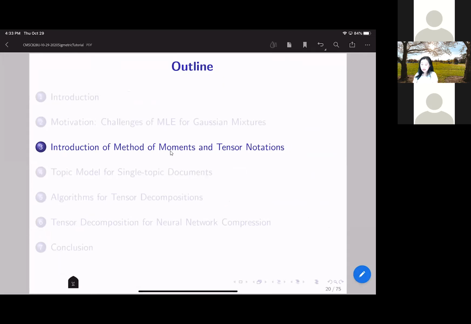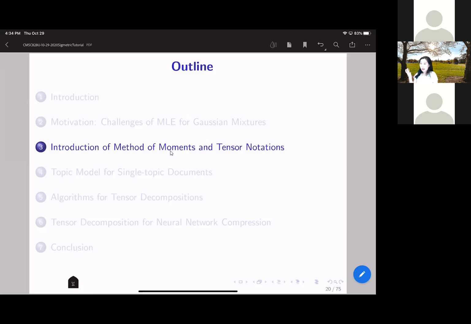So now we're finally done motivating why MLE is challenging even for learning Gaussian mixtures. Now I'm going to introduce the method of moments, and this is probably the most important slide from today's lecture, a very conceptual introduction to what the method of moments is.